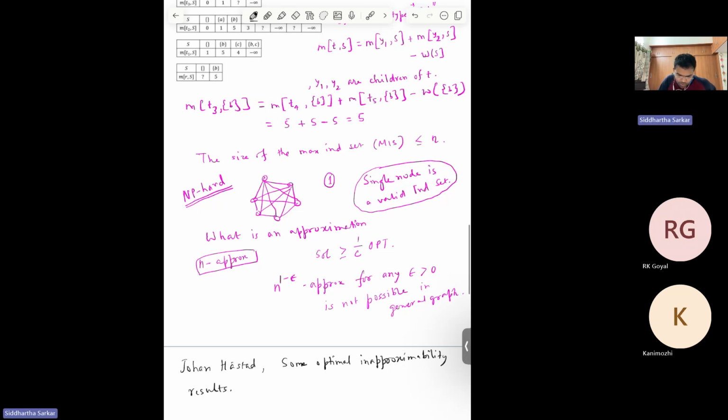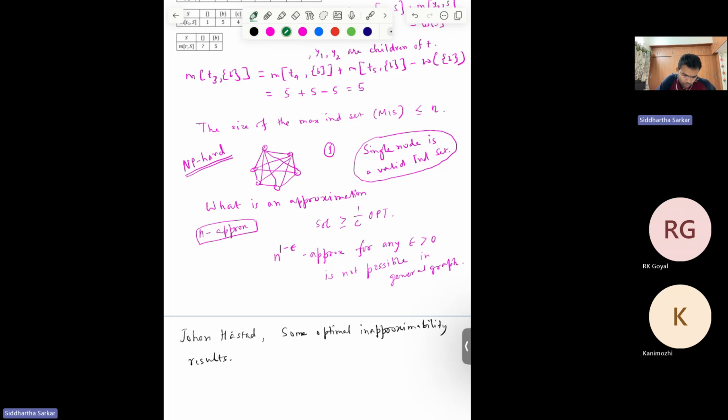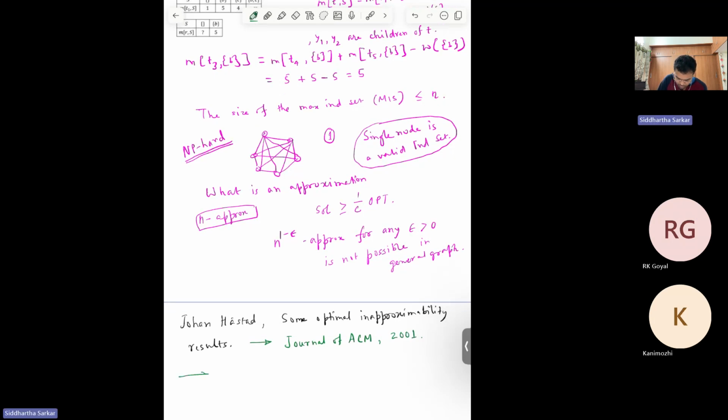Okay, so this is published in 2001, and this is arguably the most prestigious journal in theoretical computer science, the Journal of ACM. And more interestingly, for this paper, Johan Hastad received the Gödel Prize in 2011.